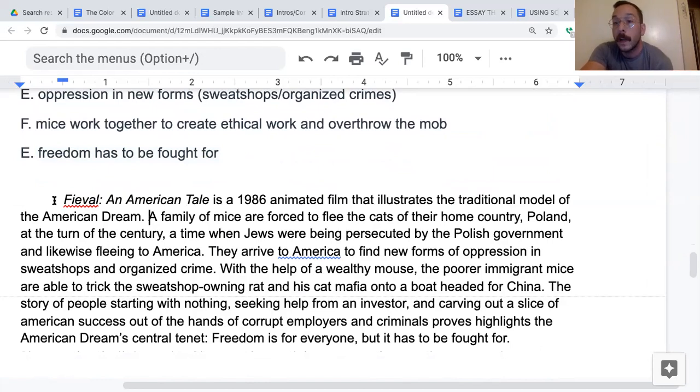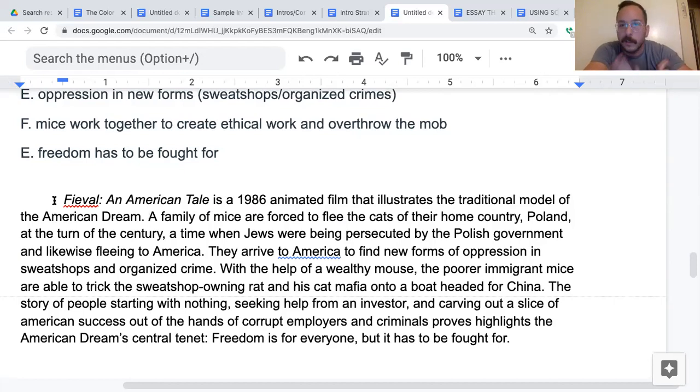So note, when I name a source for the first time, I absolutely must, I have to include the full title, and I have to include the proper contextual information. So all contextual information is not always like the name of everyone involved and when it was made and why it was made. For now, for our purposes here, the name of the title and the year that it was made is good enough for us.